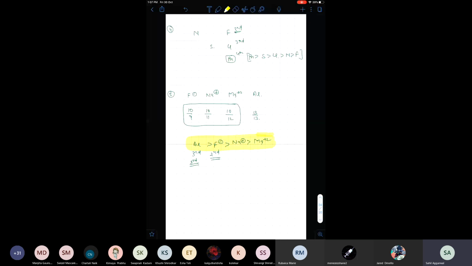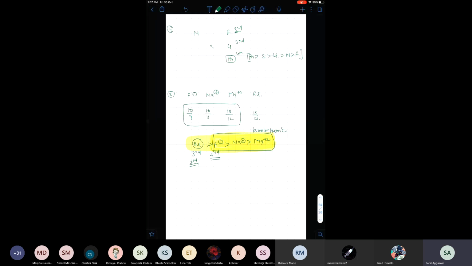They were isoelectronic. तो इसको आइसोइलेक्ट्रॉनिक से हमने सॉल्व किया. Aluminium is from third period, so it becomes better.